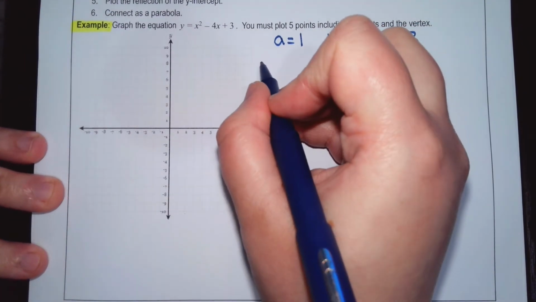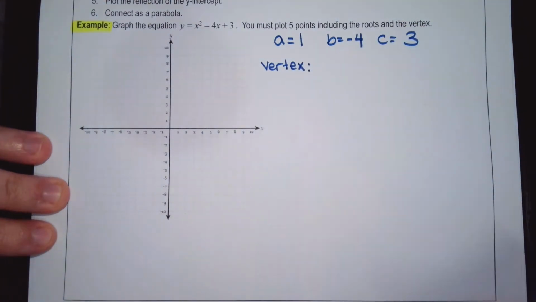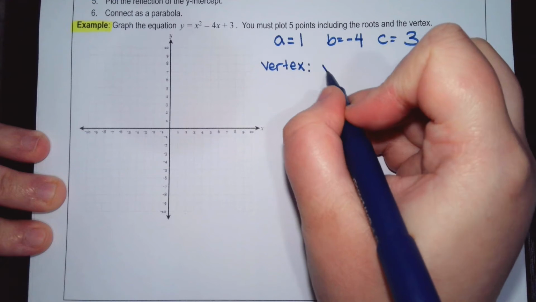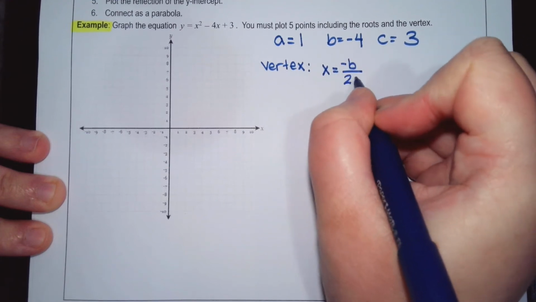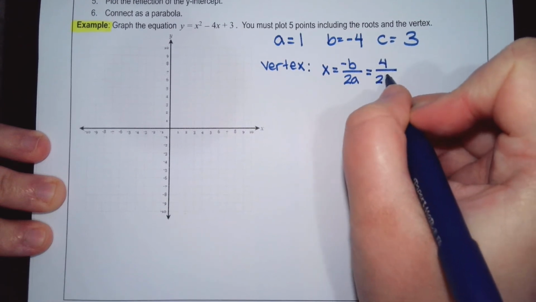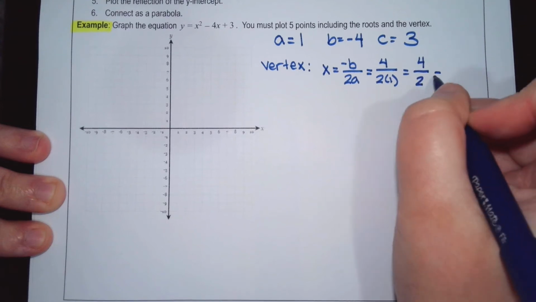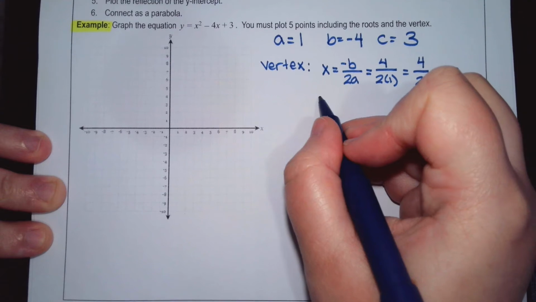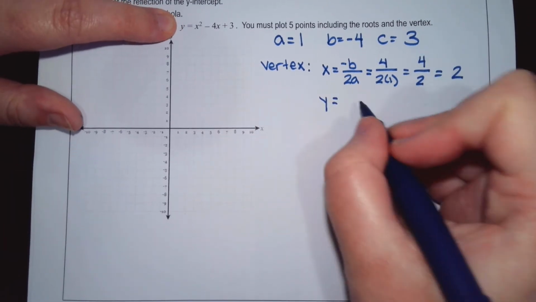And the first thing we're going to do is find our vertex. So we find the axis of symmetry first. So x is equal to negative b over 2a. So 4 over 2 times 1, which is 4 over 2, which is 2. Now we need to find the y, which we're going to plug 2 into our original.